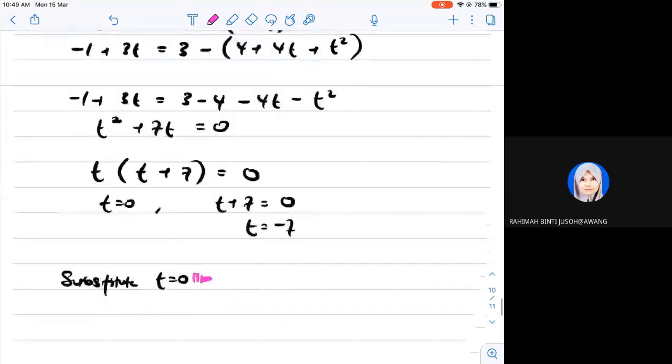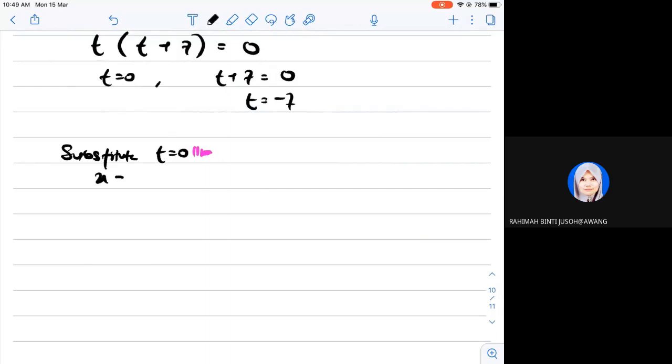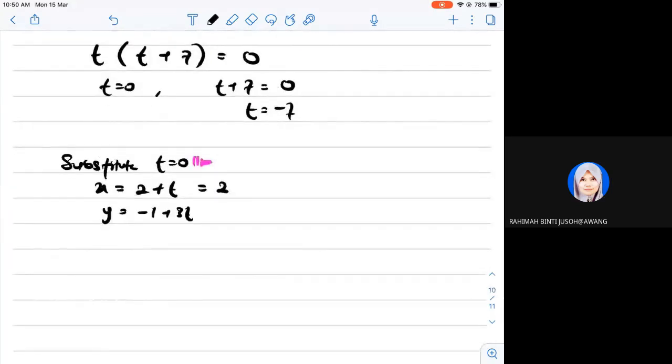So substitute into x and y. So x equals 2 plus t, so 2 plus 0, we get 2. y equals, what was it? Negative 1 plus 3t, so we have negative 1. So the first coordinate is 2 and negative 1.